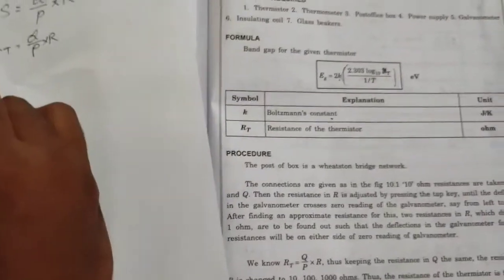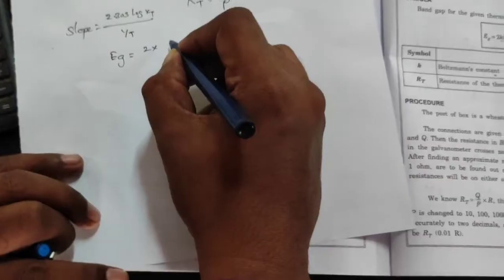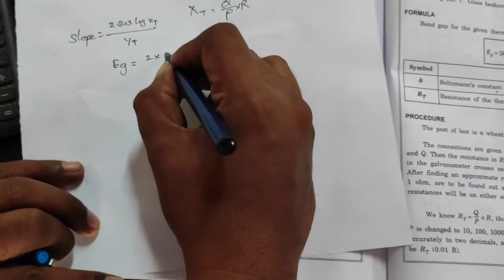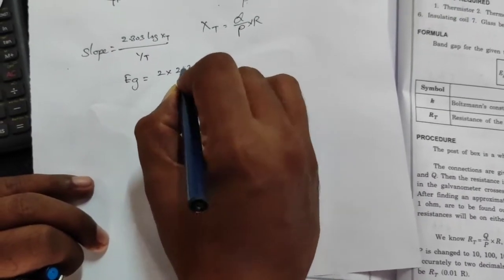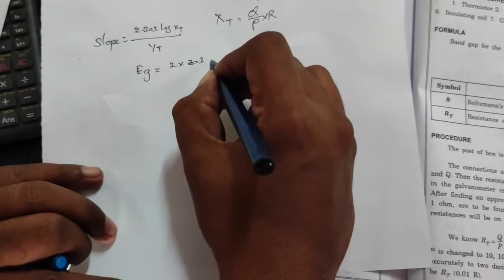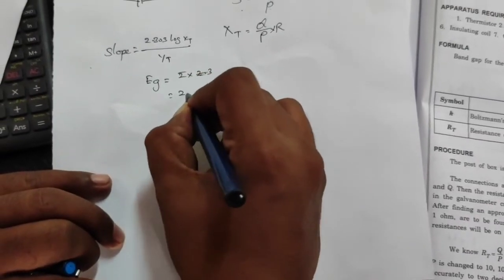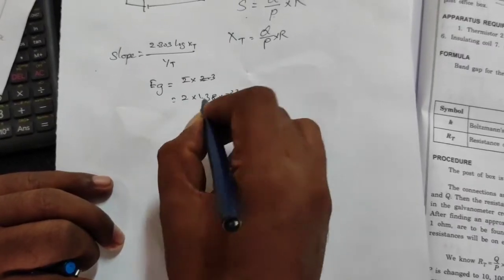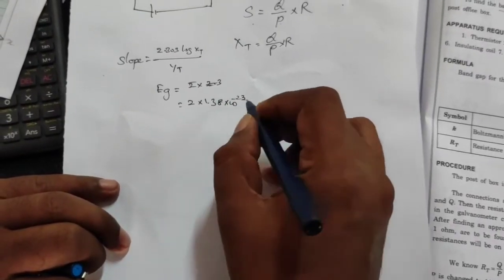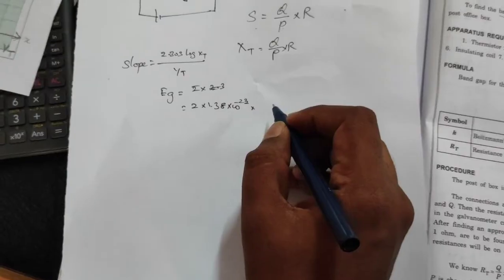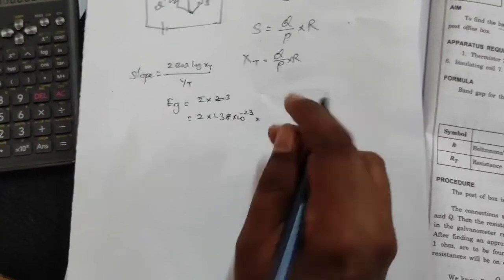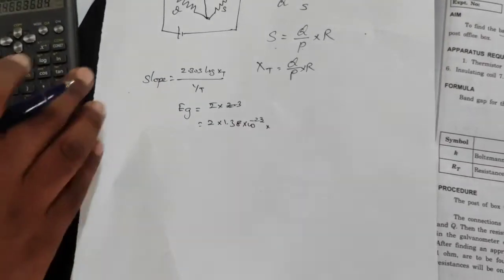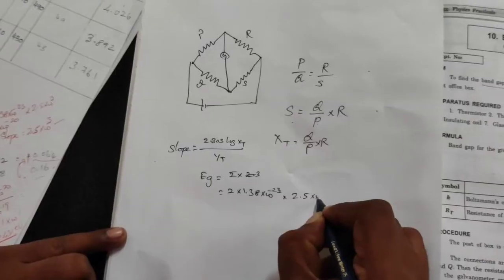K is the Boltzmann constant, 1.38 into 10 to the power minus 23. This is the value of k, and multiply the slope. We got the slope value as slope value into 10 power 3.